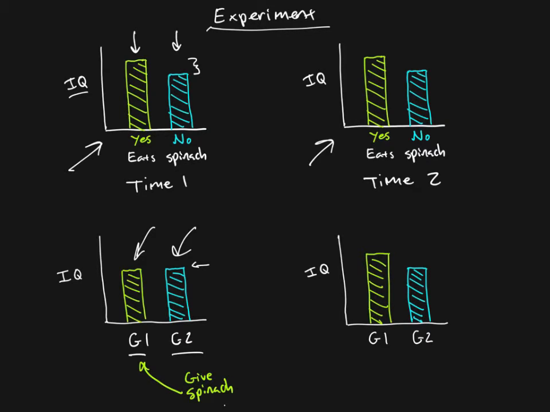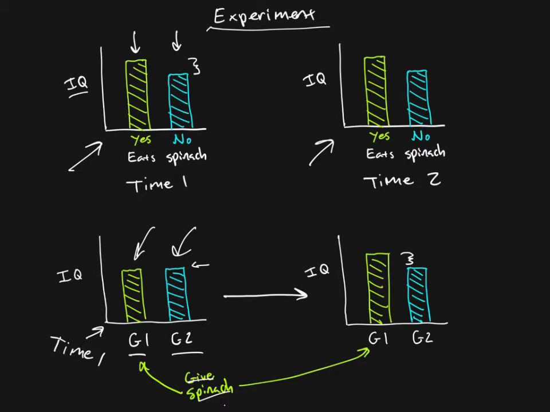So this was time 1, right? Before they came into our experiment, they looked like this. Then we gave them spinach. And then we see after we give them spinach, if we measure them at that point, we should see a change. So this is the group that got spinach, and we see this difference.